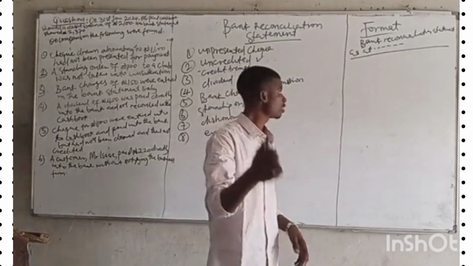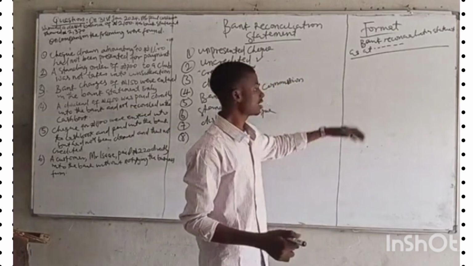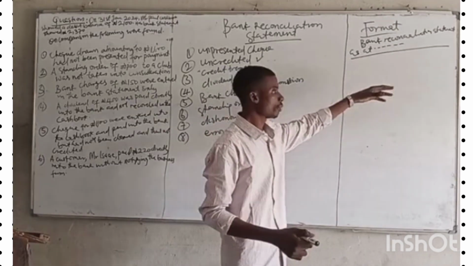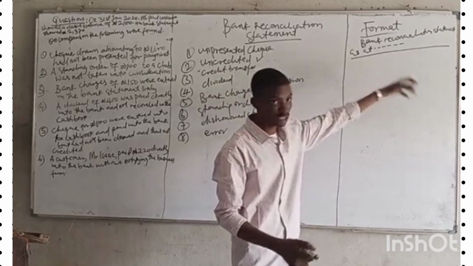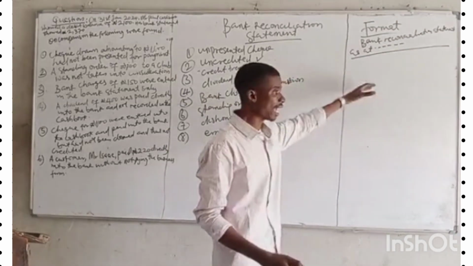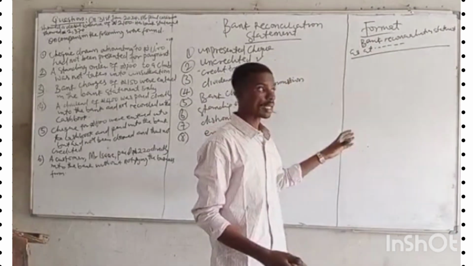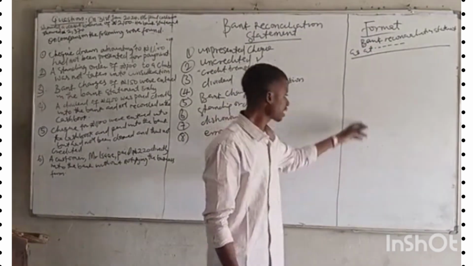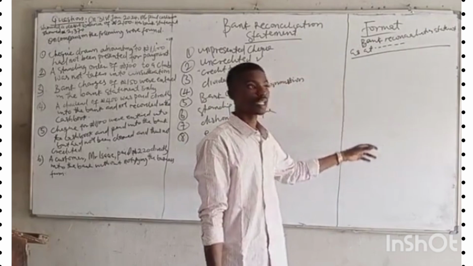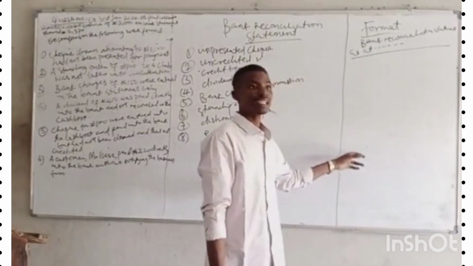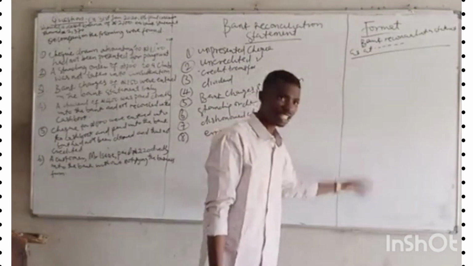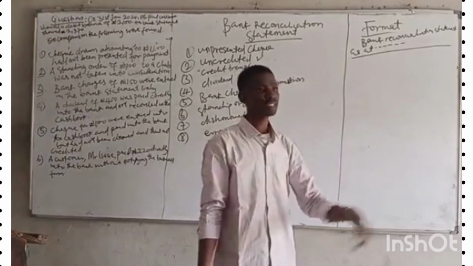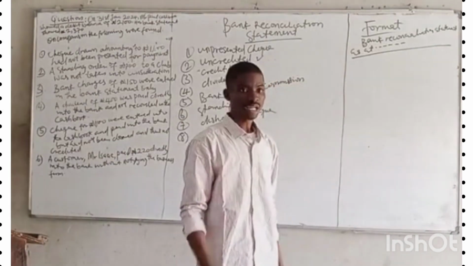I will show you the reason why you have to add that to the bank balance as per the cash book. And then you have to less the uncredited check. You will also less the bank charges, the commission, the standing order, the dishonor check, and the overcasting of the receipt side of the cash book. And I will show you why.